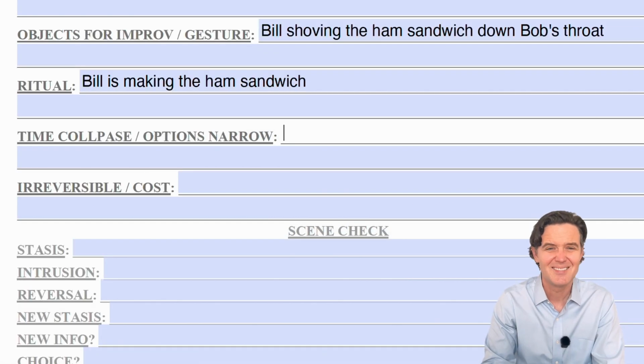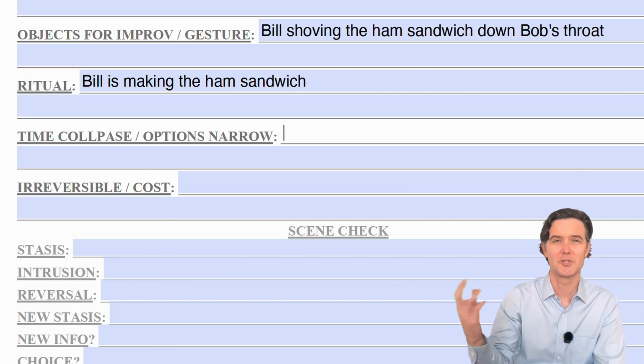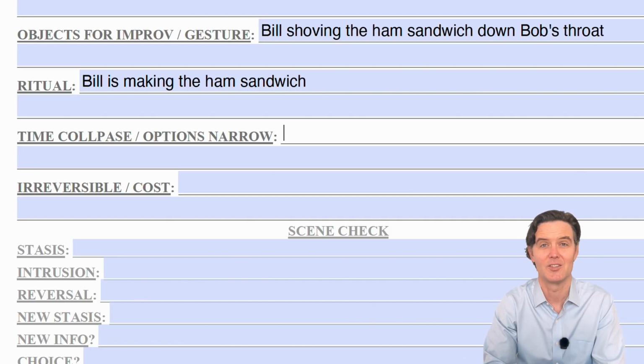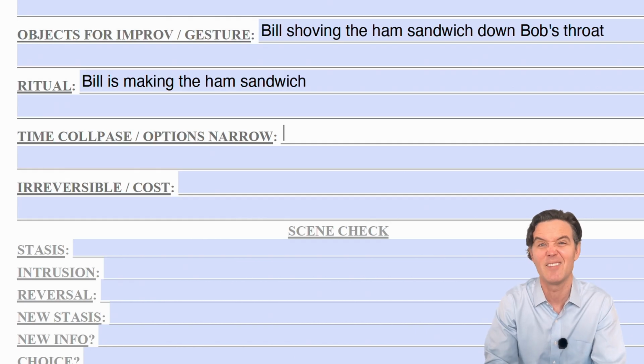It could be that at the end of this scene, Bob doesn't get the sandwich, Bill throws it over the roof, and he's actually stuck, starving, and unable to eat, rather than giving him that satisfaction and the audience that satisfaction of actually surviving. We make it even worse.